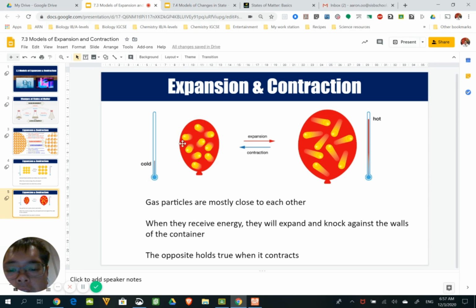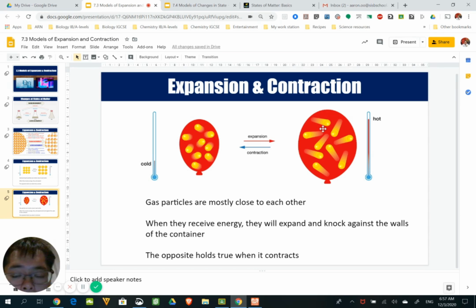Once they knock against the walls of the container, they will gain more energy, and therefore they will expand. But remember, for the gases here, there will be a limit and a point of breaking. So when it breaks, it will burst basically. And of course, your gas particles are released.